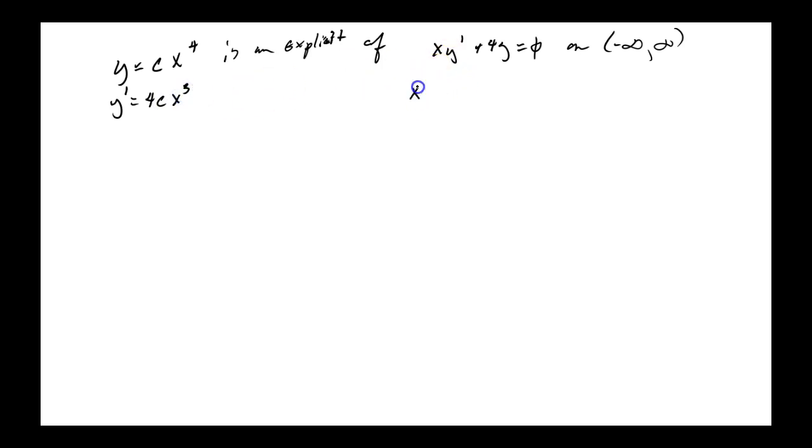Put that in here, you get x times 4c x cubed plus 4c x fourth. The question is, is that equal to 0?